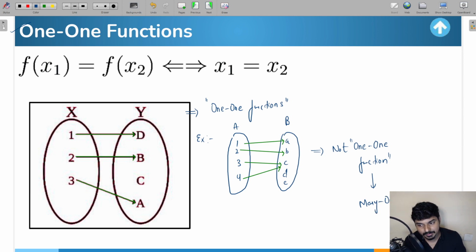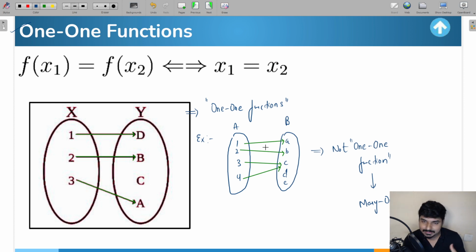In the case of many-one functions, any two elements of the first set can have the same image in the second set. Like this example, 3 and 4 have the same image in the second set, so this represents a many-one function. I hope you have understood the concept of one-one function as well as the many-one function.